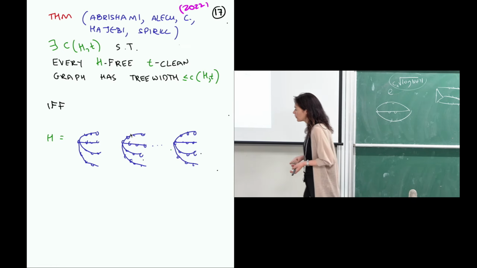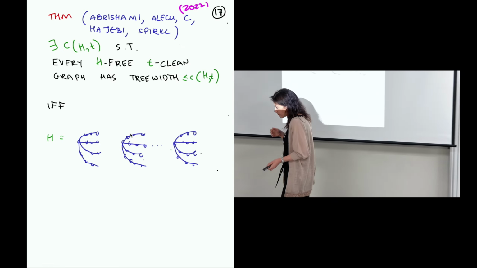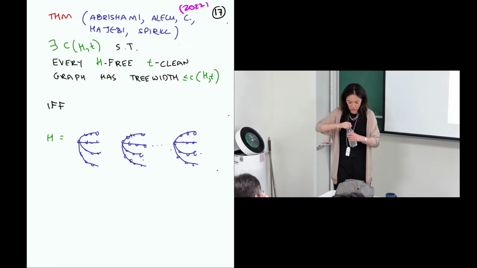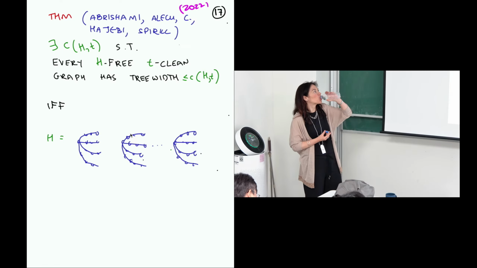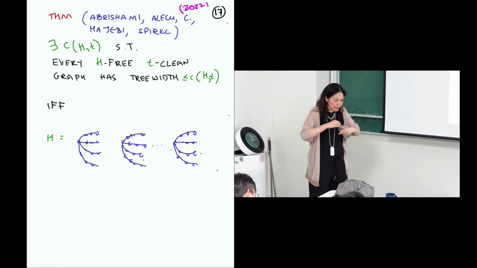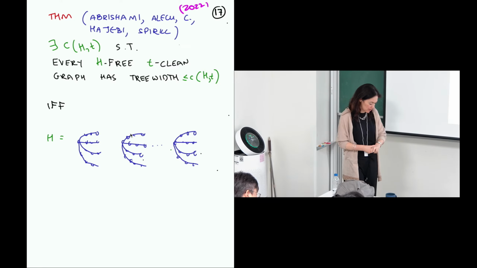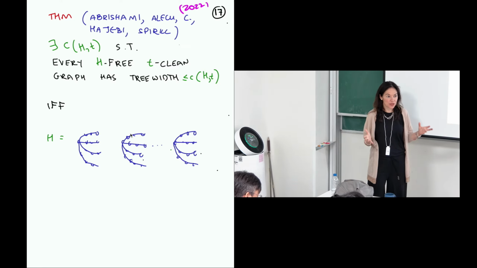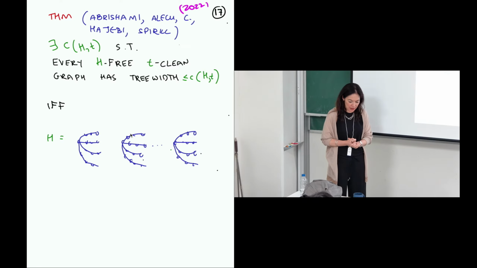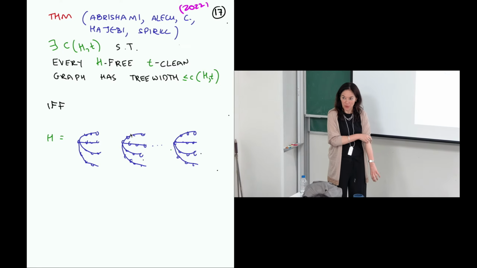So now we want to ask the question, if you remember, we wanted to know what you need to exclude from T-clean graphs to get bounded treewidth. So the first question in this line of thinking would be, what if I just exclude one more graph? You're T-clean and you exclude one more graph. What graphs work?